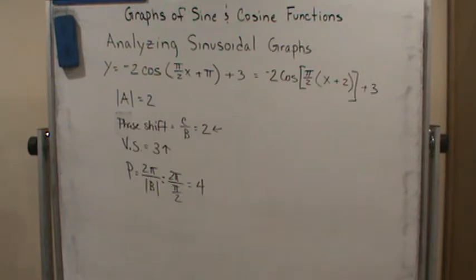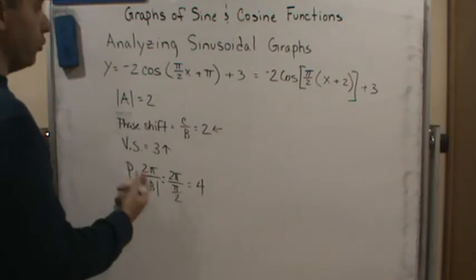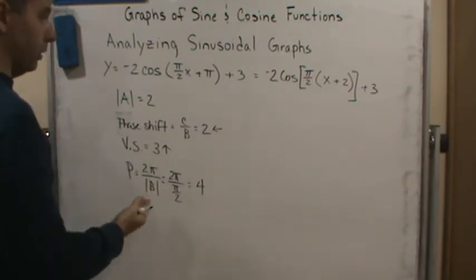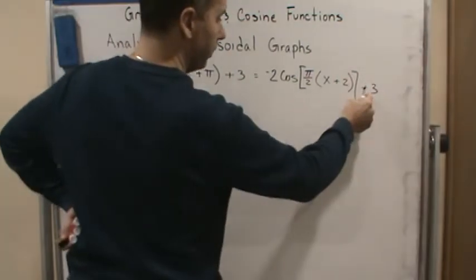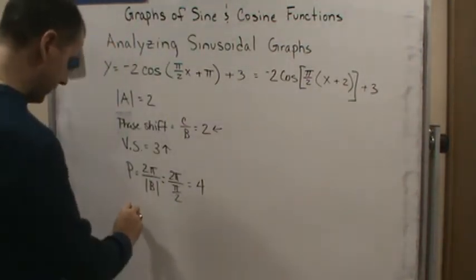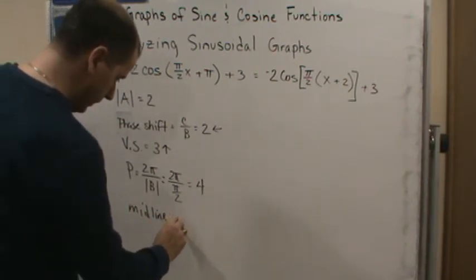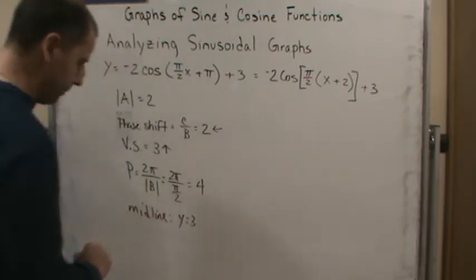Okay, so now, where's the midline? Well, the midline would normally be at 0, but now that we have a vertical shift up, the midline is now going to be at y equals 3. So let's write that down. The midline is y equals 3.